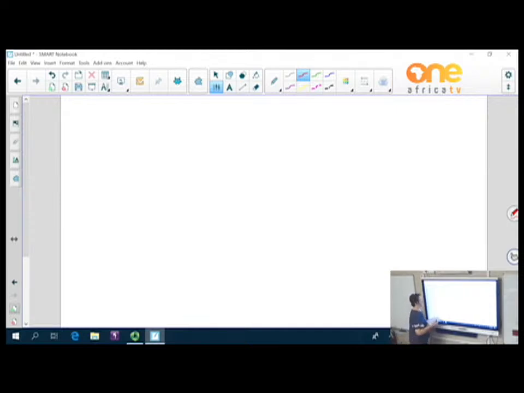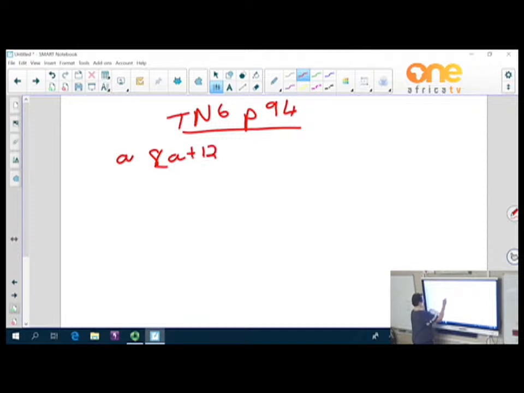Now we start with Try Now 6 on page 94. Now the first exercise is just division. We're not going to do long division at this stage here. So there's the first one, 8a plus 12, and I have to divide it by negative 4. This means that you're actually going to divide each one with that negative 4.